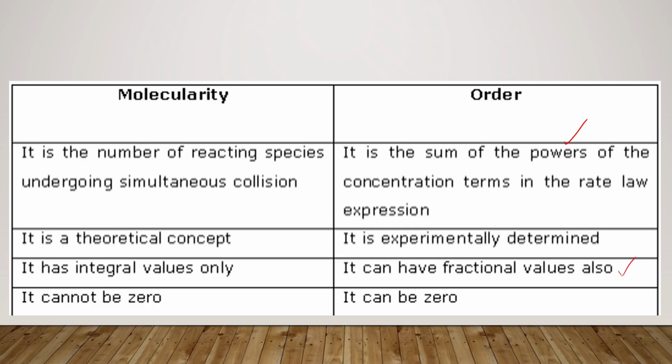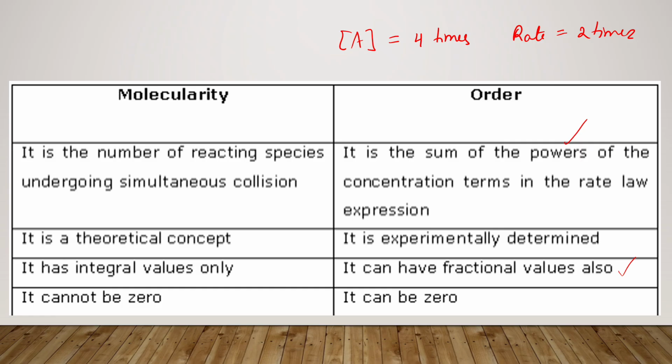Just to give an example of how a fractional order is possible, imagine a scenario where you increase the molar concentration of a reactant 4 times, and the rate becomes twice the original rate. Here you can see that there is a positive correlation, but it's not a directly proportional relationship. It's not a squared relationship either.